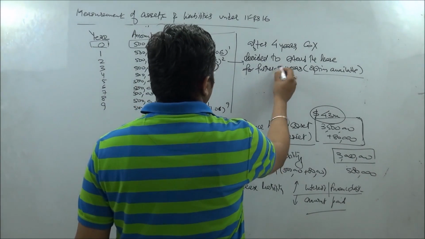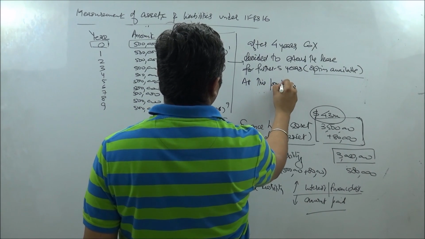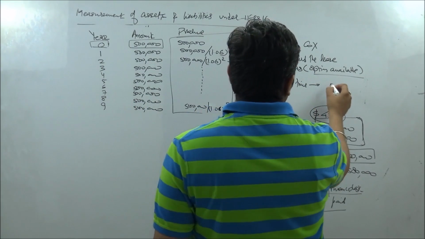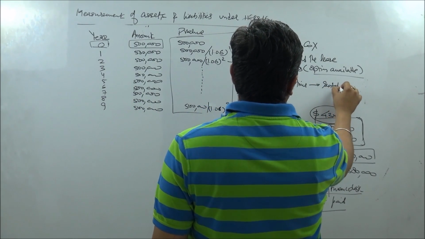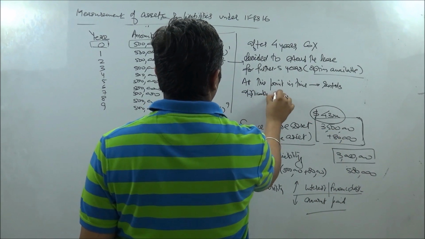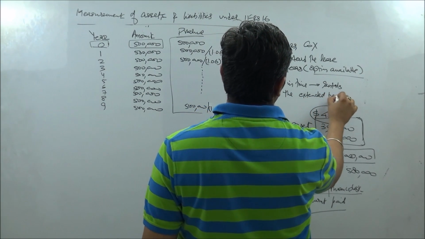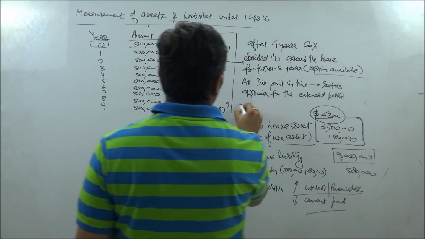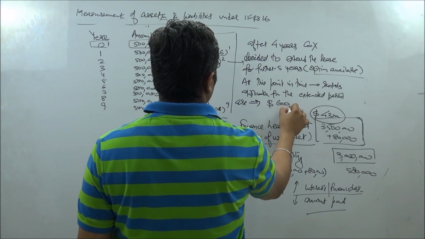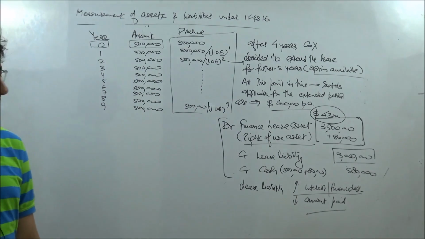Now, we are given that at this point in time, the rentals applicable for the extended period are, let us say, $600,000 per annum, right?